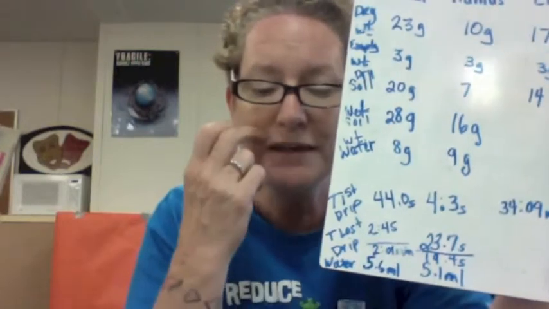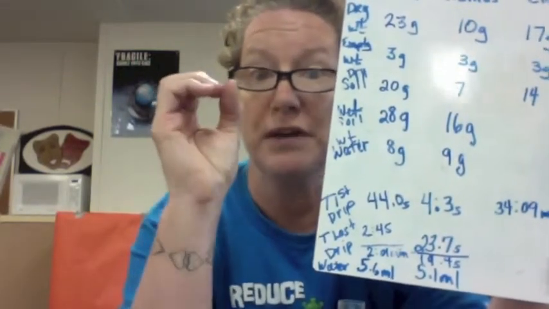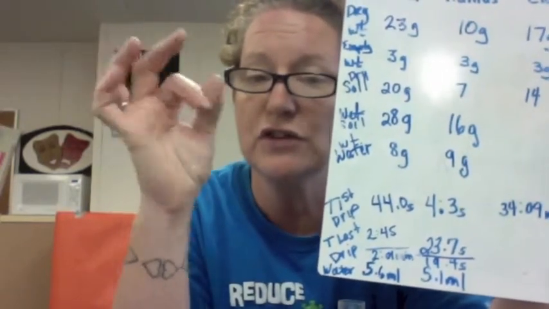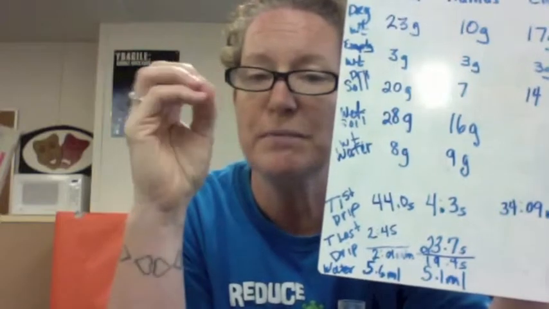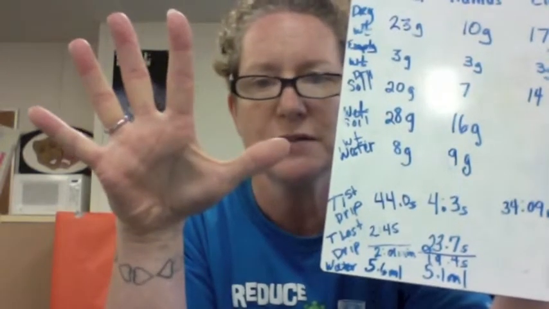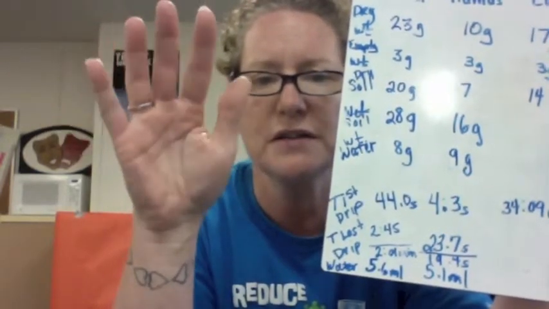So that means that the spaces between the humus particles must be really big compared to the sand, right? So sand took 2 minutes. So it took almost 10 times longer for it to move through the sand than the humus. So the individual particles of humus must be bigger and chunkier than the sand because they leave lots of really big spaces between them, where the sand spaces are much smaller.